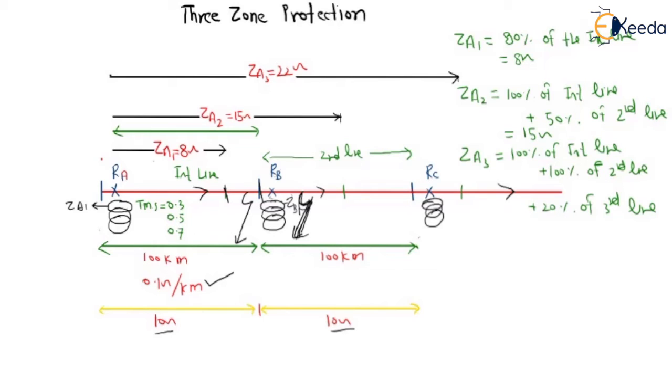But disc 2 has the minimum time multiplier setting, so disc number 2 will move, and we get to know that the fault occurs between 80% and 150%. If there is a confirmation from B that the fault did not happen within the first reach of the first disc, then it will know that the fault occurred between 80% and 100% of the line.